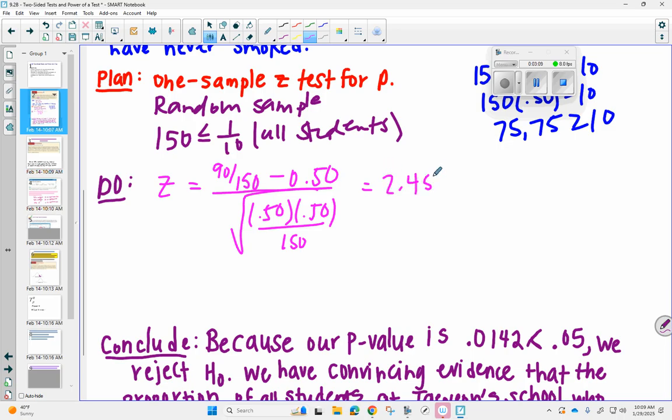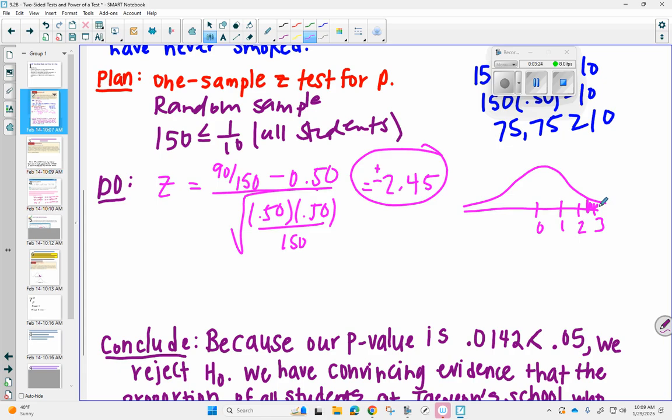Okay, should I just shade the positive side? No. Because it's not equal to, we actually want this to be plus or minus here. All right, so I'm going to shade 2.45 to the right and also negative 2.45.